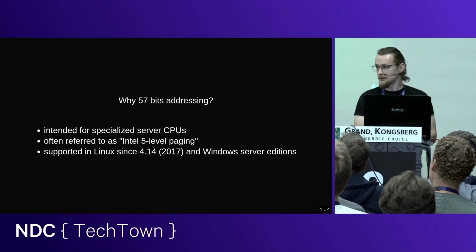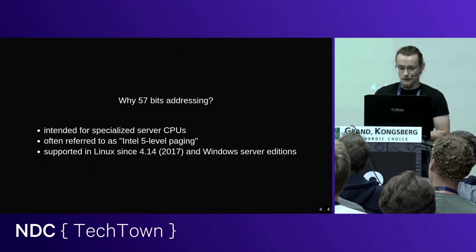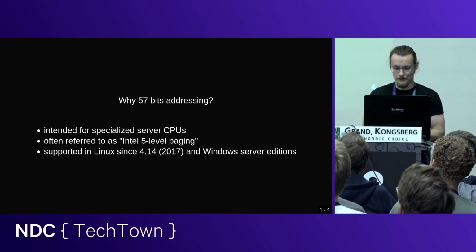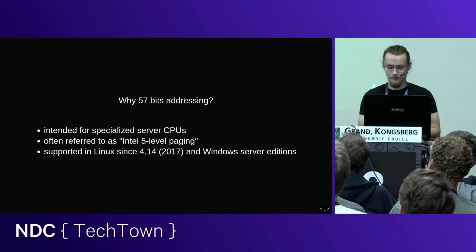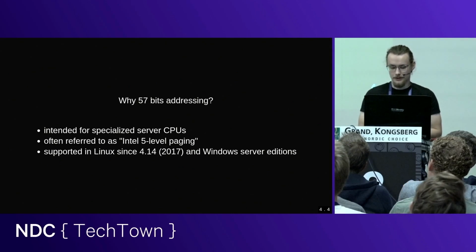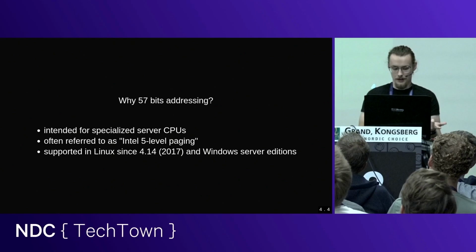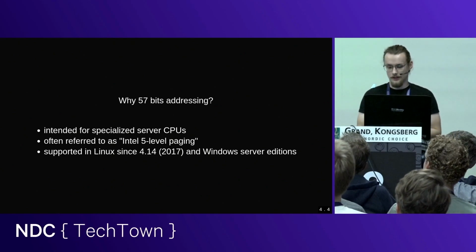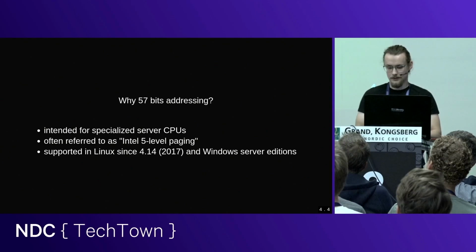And then 57-bit addressing was introduced by Intel for some specialized servers, which require more than 256 terabytes of memory. And it actually is supported by current operating systems, like Linux, which merged the patch in 2017. And Windows Server editions also support 57-bit addressing.